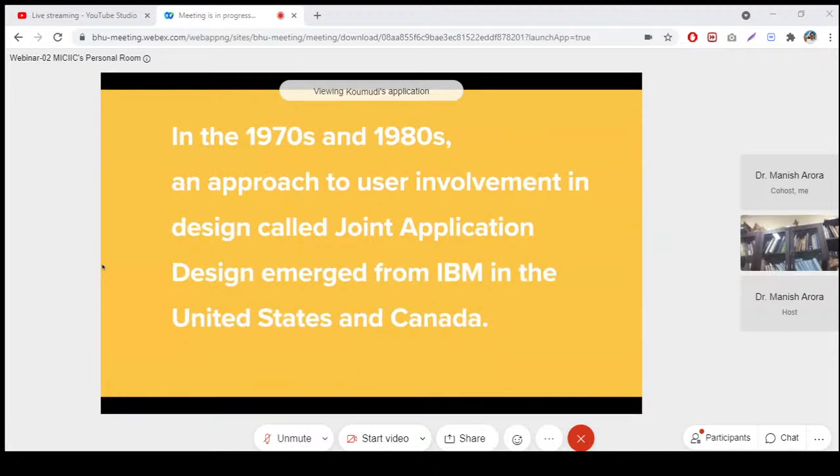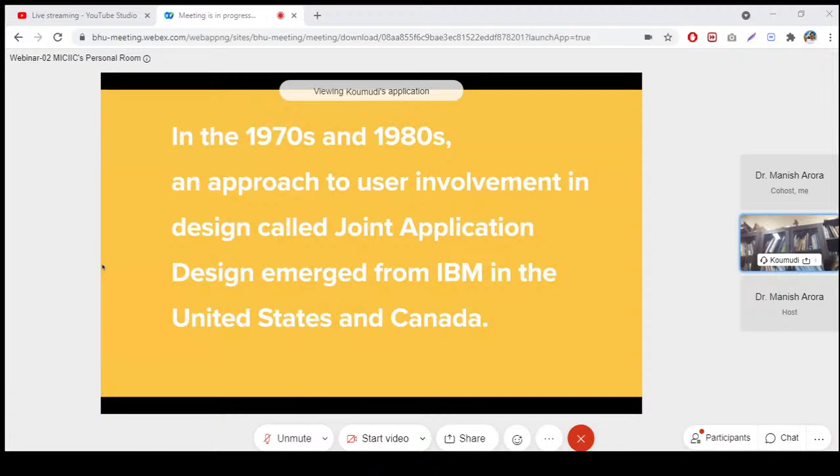Also, beginning in the 1970s and 80s, an approach to user involvement in design called joint application design emerged from IBM in the United States and Canada. This became a commonly used approach in industry in which user representatives become official members of the design teams, often for the duration of the project.